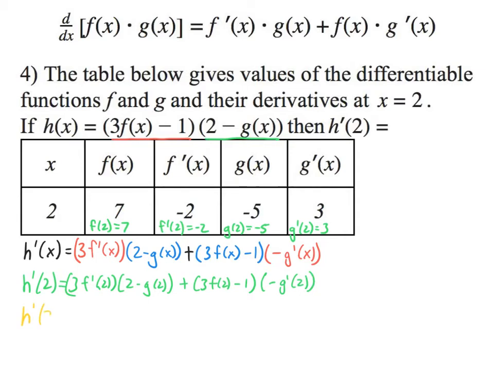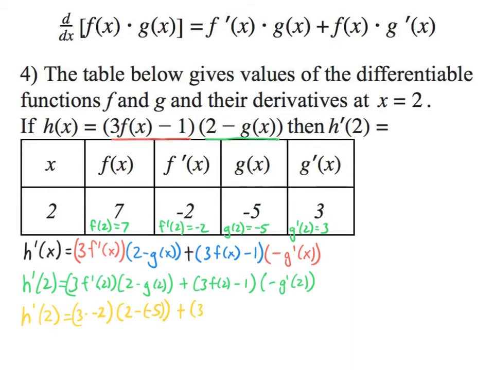So h prime of 2, what do we get here? Well, this would be 3 times, what's f prime of 2? f prime of 2 is right here, so that's negative 2. So I'm going to replace that with a negative 2. And this is going to be 2 minus, what is g of 2? g of 2 is right here, negative 5. So this would be a negative 5.